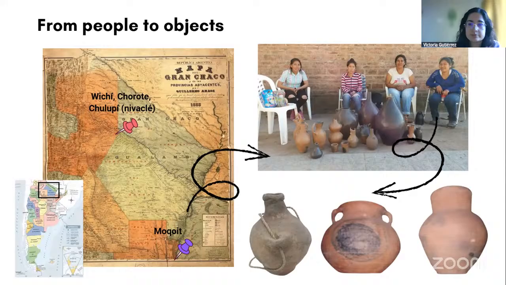But pottery production, we have found, also involved intergenerational transmission of knowledge, technical practices, and symbolic dimensions. So before approaching these ceramics as archaeological objects, we wanted to briefly reintroduce the people and communities who produced them.